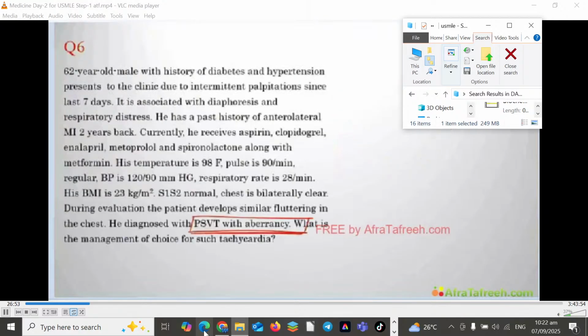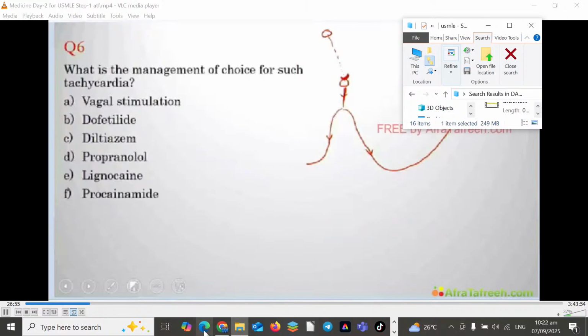Imagine that there is a second path which takes some of this current directly into the ventricle.